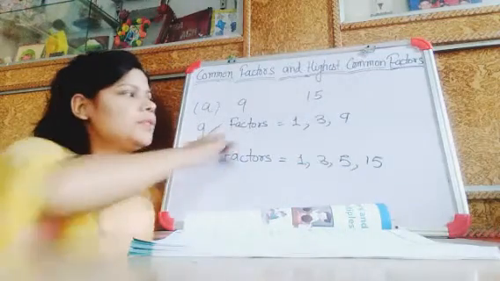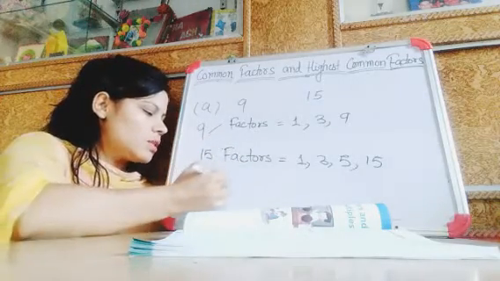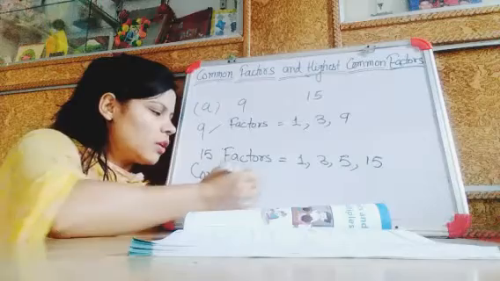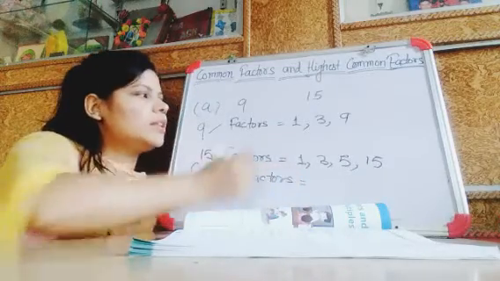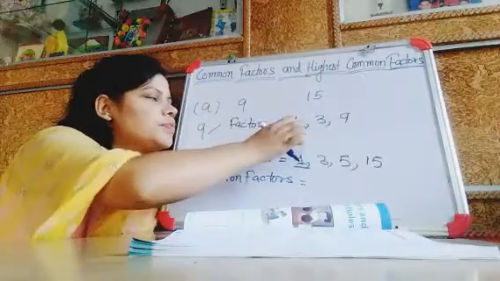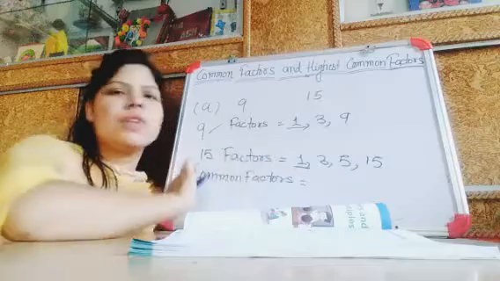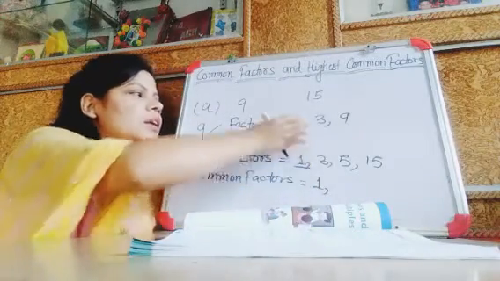Understand? If you ask what the common factors are, you can see 1 here and 1 here. It means 1 is a common factor in both.